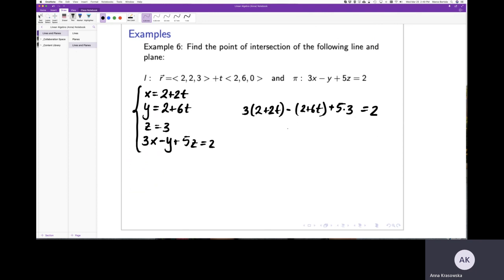If you remove the brackets, you will see that on the left side the t will cancel. You see that the left is not equal to the right? Remove the parentheses, and you see that you have a contradiction. Do it by yourself, and therefore there is no solution.